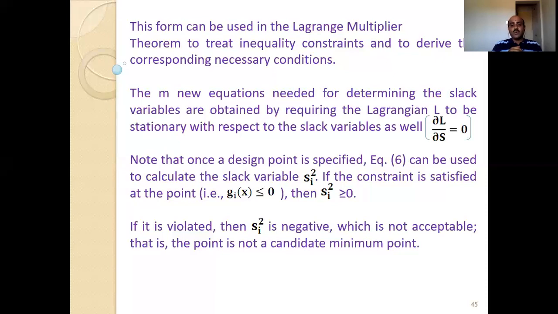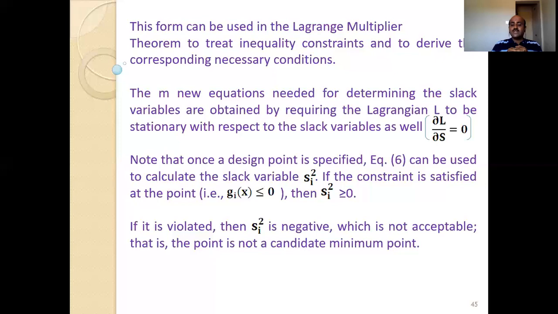What this statement is saying is that we need m equations for determining the slack variables. We obtain them by making the Lagrangian L stationary with respect to the slack variables, that is, partial derivative of L with respect to S is equal to 0.